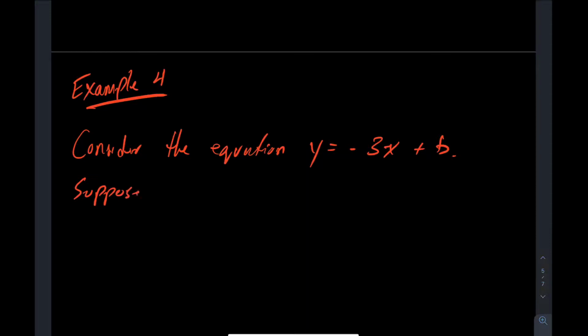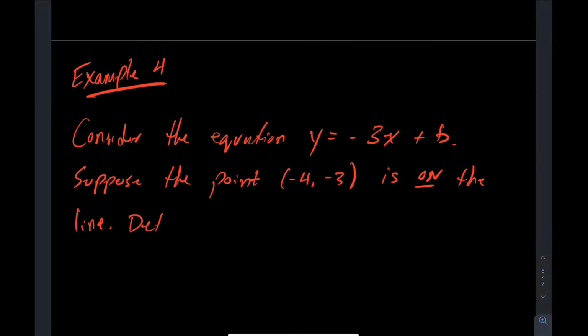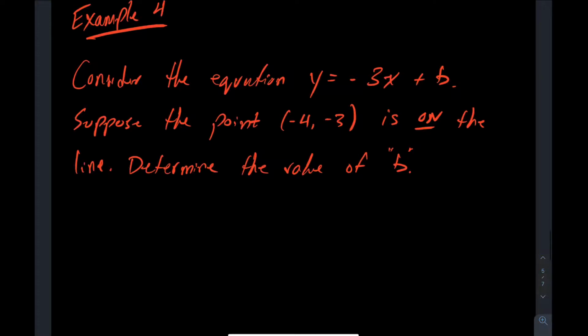Suppose the point negative 4, negative 3 is on the line. Determine the value of b, so determine the y-intercept. So we know a point on the line, and we know the general equation. Okay, so let's figure this out.